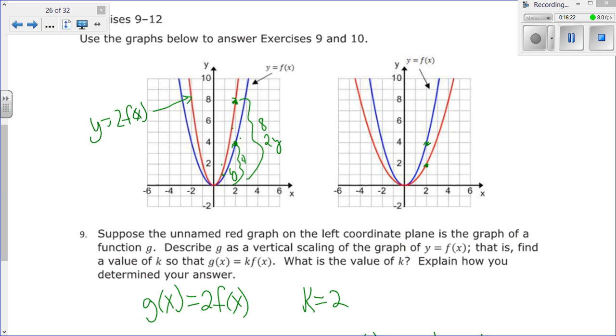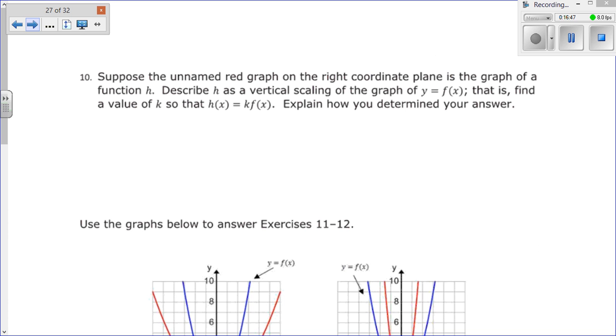So from here to here is y, and then from here to here would be half of y. So that would make the red equation y equals 1/2 f of x. So h of x is equal to 1/2 f of x. So k is equal to 1/2.